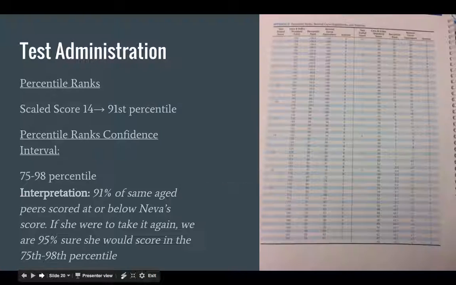So regarding the percentile ranks, because the client received a scaled score of 14, she was put into the 91st percentile. So again, an interpretation of this is that 91% of the same aged peers scored at or below the client's score. So if she were to take this again, we are 95% sure that she would score in the 75th to 98th percentile.